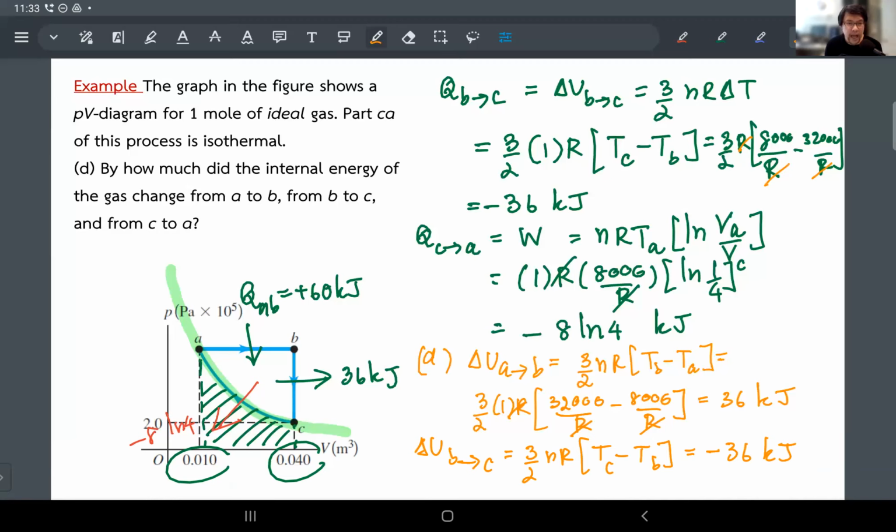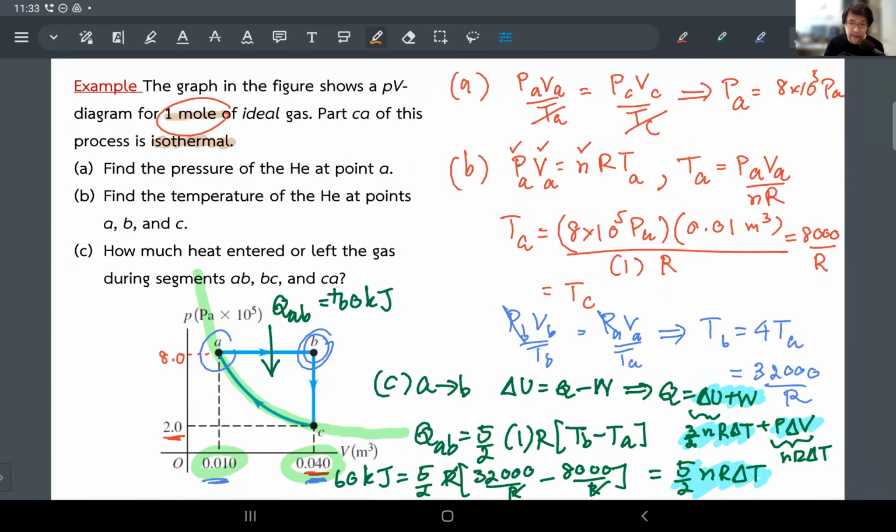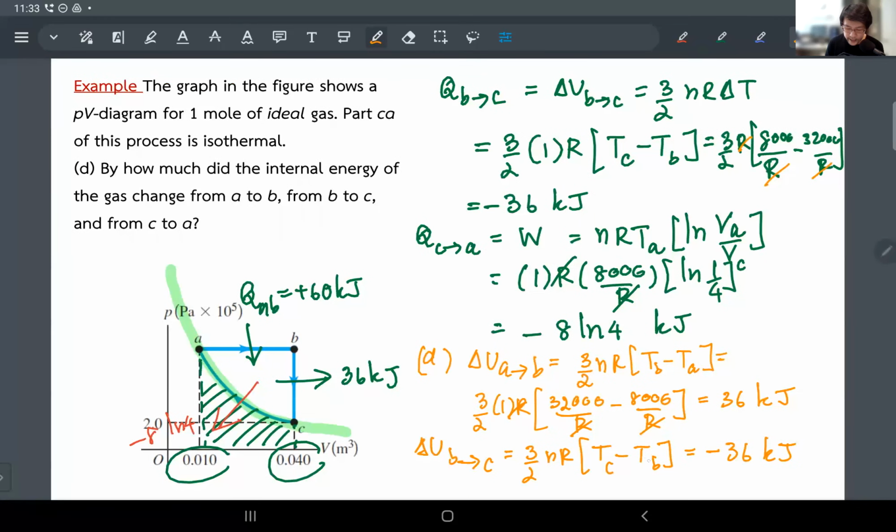The reason is that when we calculated the heat, we were already going through the delta U. Let me double check for you, but it's supposed to be the same.